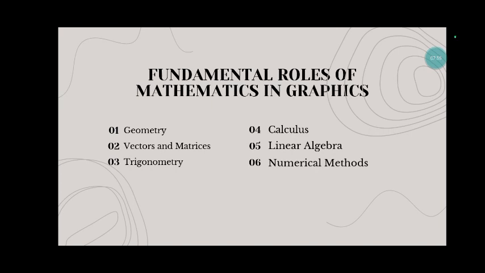Second one, vectors and matrices. Vectors and matrices are used to represent positions, directions, and transformations in 3D space. They facilitate operations such as translation, rotation, scaling, and projection, crucial for creating realistic graphics.